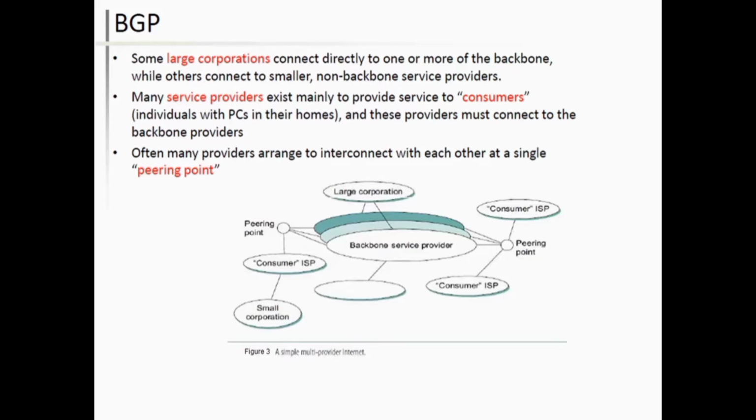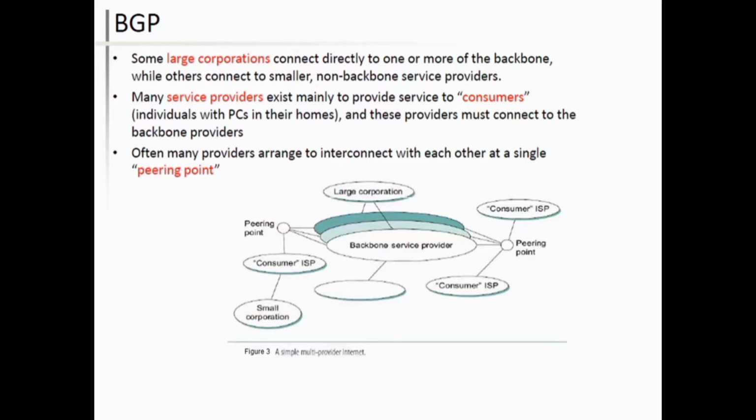Many Internet Service Providers, ISPs, exist mainly to provide service to consumers, that is, individuals with computers in their home, while others offer something more like the old backbone service, interconnecting other providers and sometimes larger corporations.